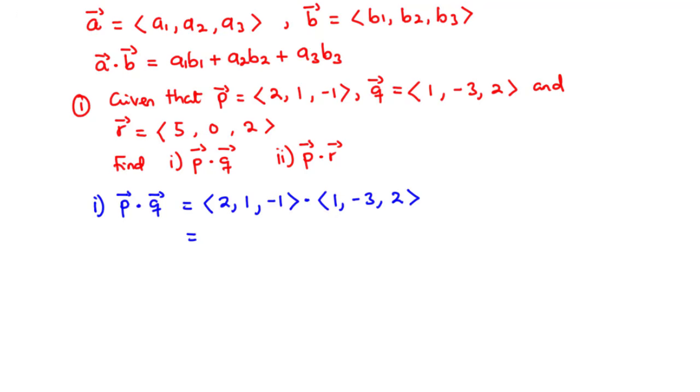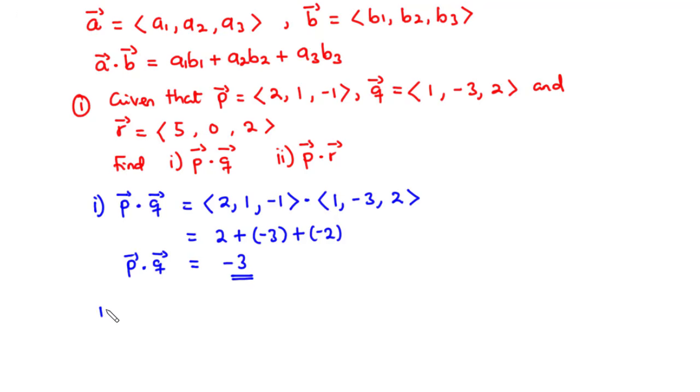So we have 2 times 1, which is 2, plus 1 times -3, which is -3, and then -1 times 2, which is -2. So let's simplify. 2 plus -2 is 0, and then 0 plus -3 is -3. Therefore, P dot Q is equal to -3.